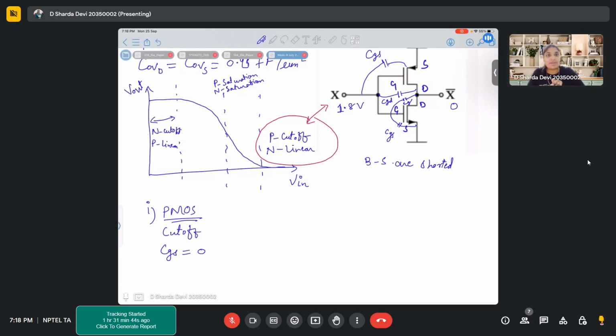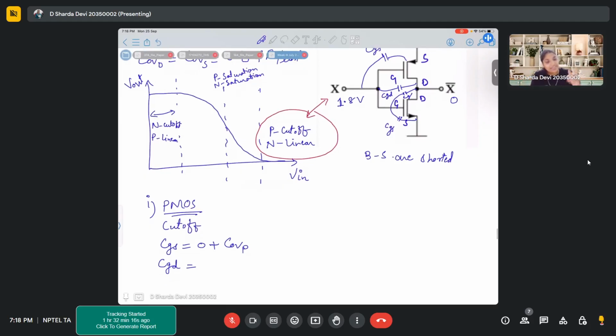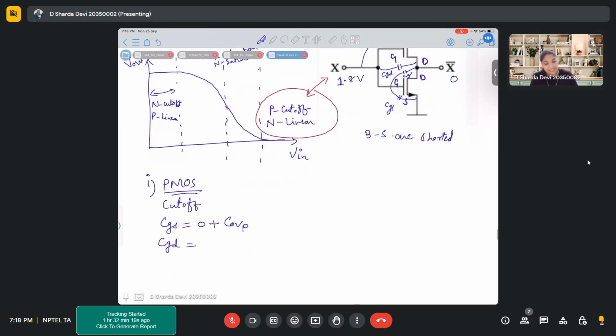That is the overlap between your gate and drain or gate and source. There is no CGS present. So your CGS is 0 plus C overlap of P. CGD, the capacitance between gate and drain, when it comes into your input side, will again become C overlap of P.